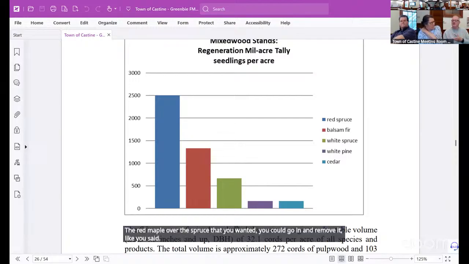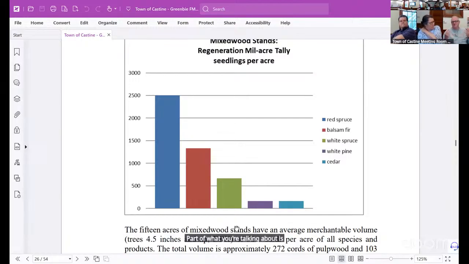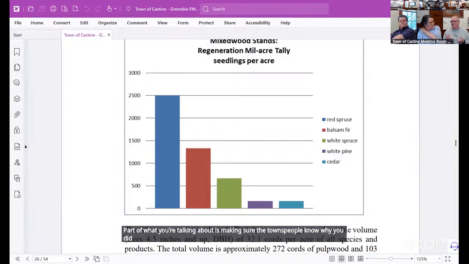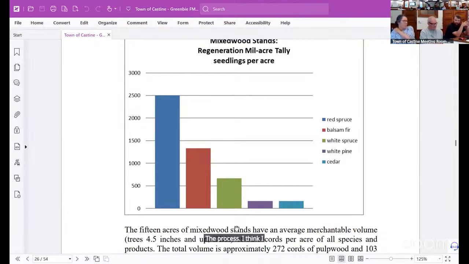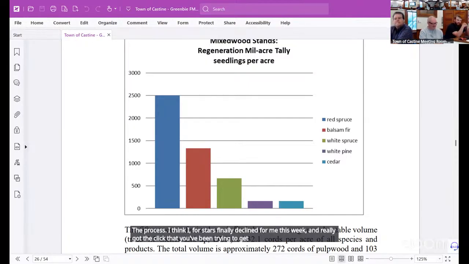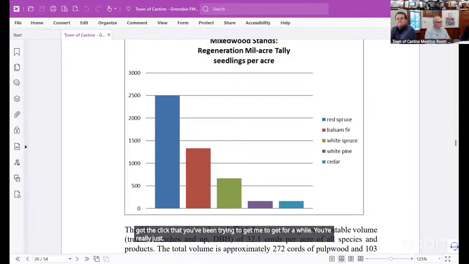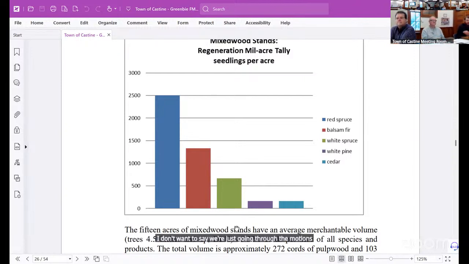Part of what you're talking about is making sure the townspeople know why you're doing what you're doing. And that they might say, oh, I'd like to do that on my property. Right, I think at the end of the day, the stars finally aligned for me this week and I really got the click that you've been trying to get me to get for a while. I don't wanna say we're just going through the motions, because we are doing active planning.